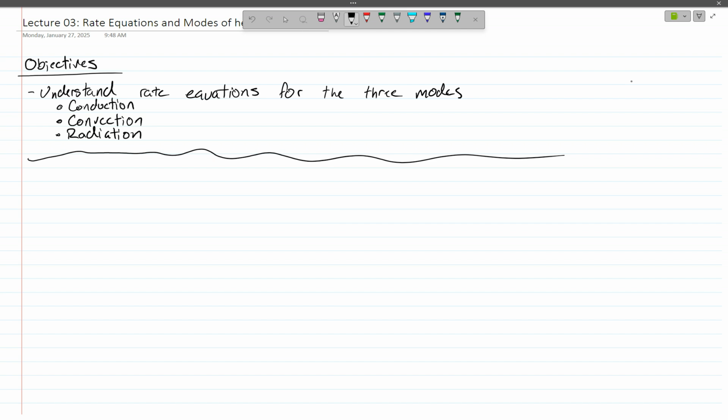So at the risk of repeating myself, I want to restate what heat transfer is all about, the heat transfer philosophy.